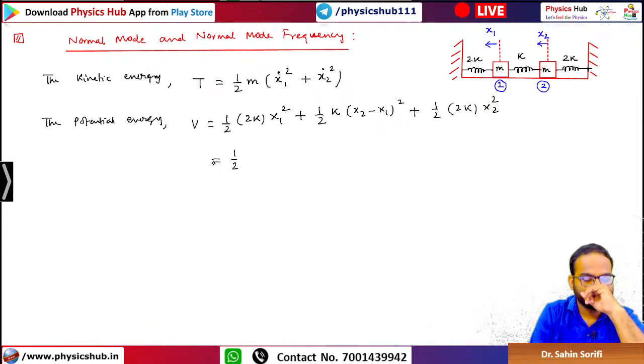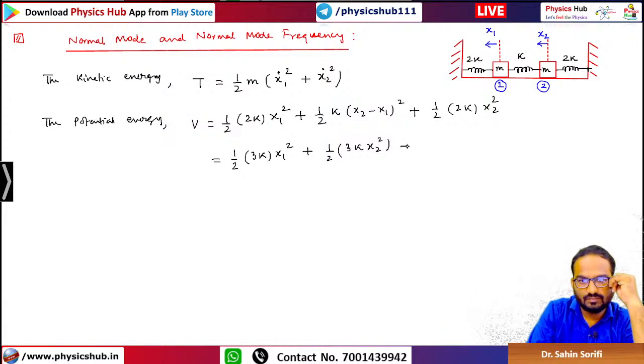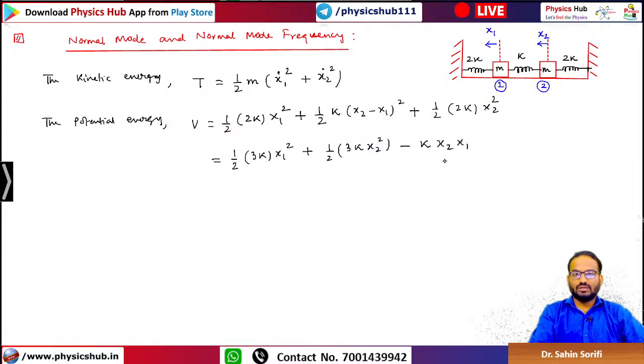So this will become half into 3k x1 square, plus half into 3k x2 square, minus k times x1 x2. Now you need to express them in terms of half to make the calculation very easy.